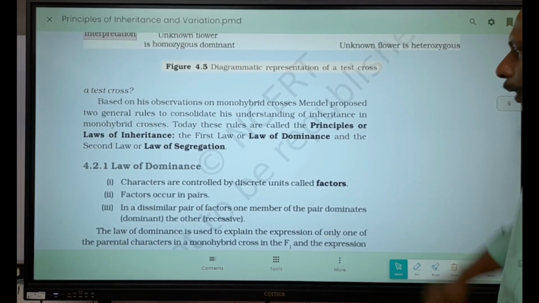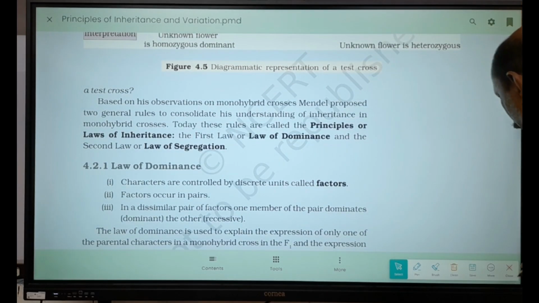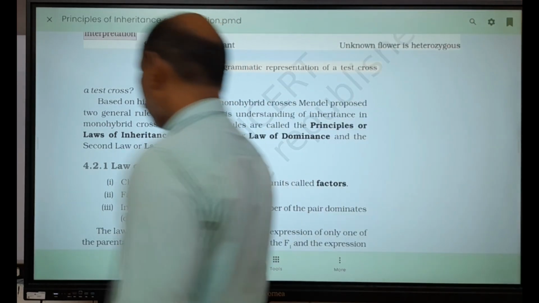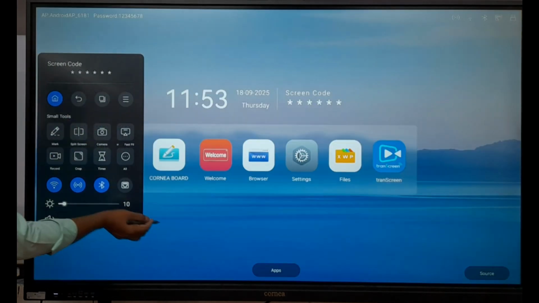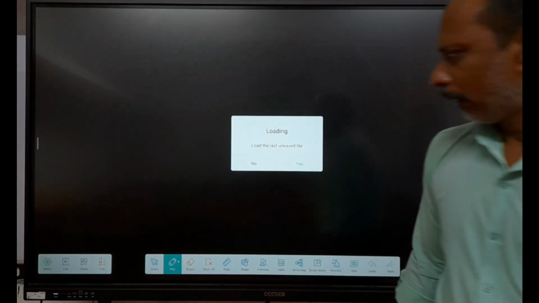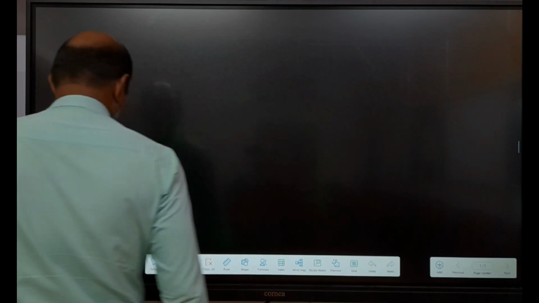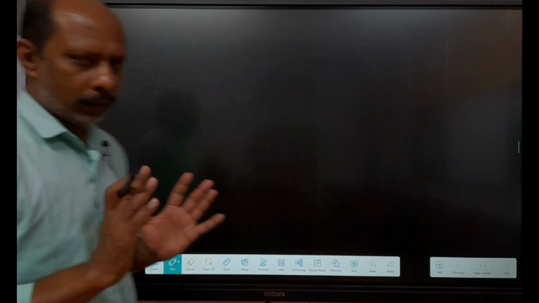A test cross. First I explain here how a test cross helps to determine whether the plant is a hybrid or a pure breed line.